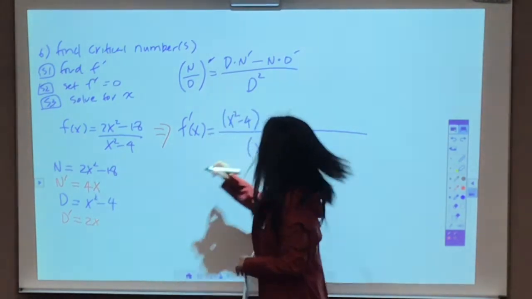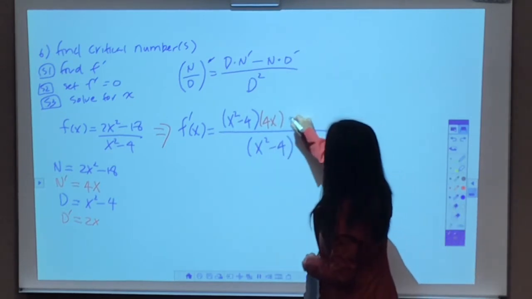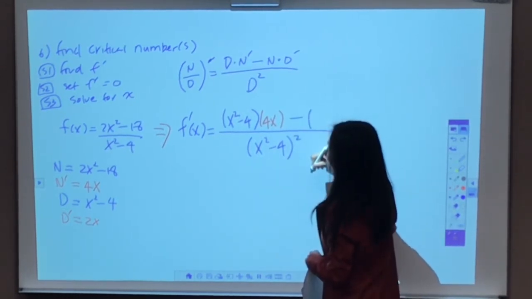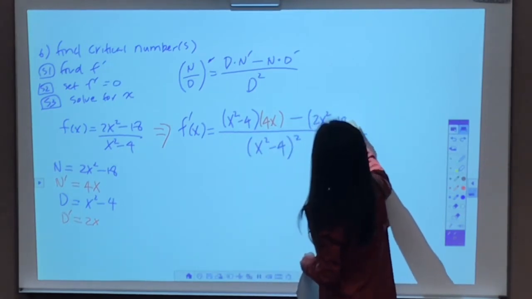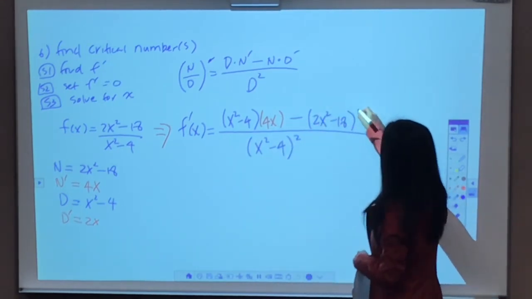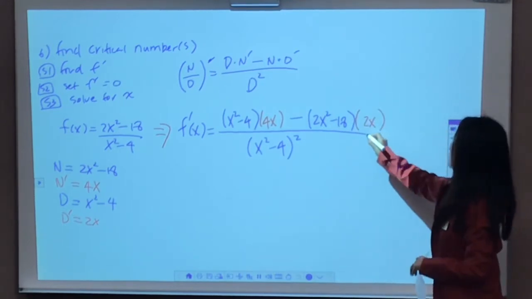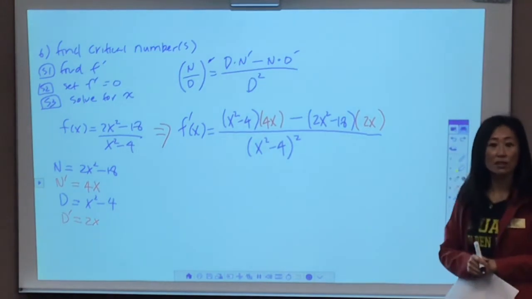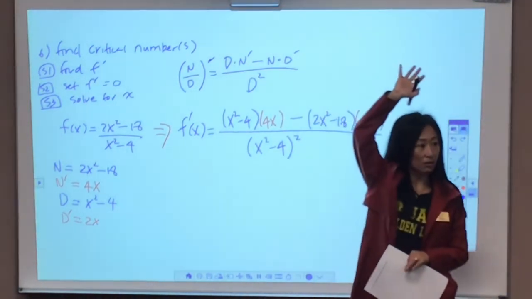Is everybody with me? Okay. Minus my numerator, 2x squared minus 18. My prime of a denominator, 2x. Is everybody with me now? I'm just simply plugging it into my formula here. So far, so good, class?